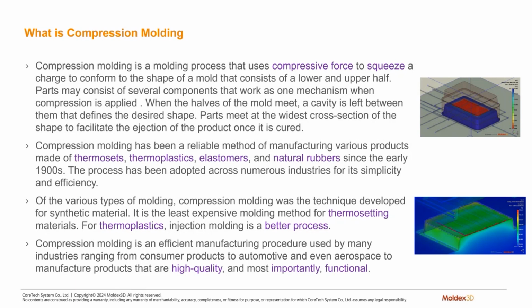And in compression molding, we can use thermoset material, thermoplastic material, elastomer material, and natural rubbers.